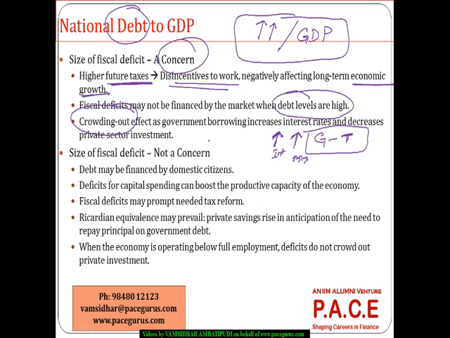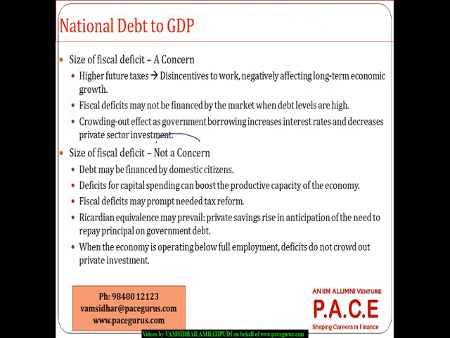Whereas there is another school of thought which says the size of the fiscal deficit is really not a concern at all, because to a large extent they feel that the debt can be financed through the taxes that are getting collected, and the deficits can boost the productive capacity. They are very optimistic.